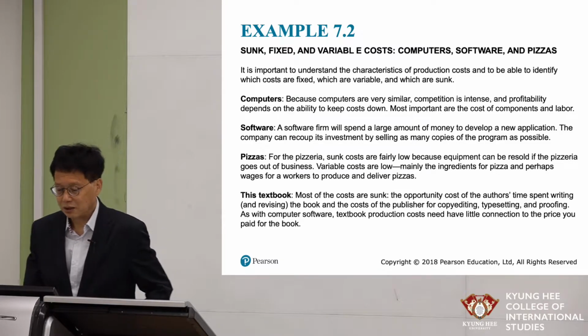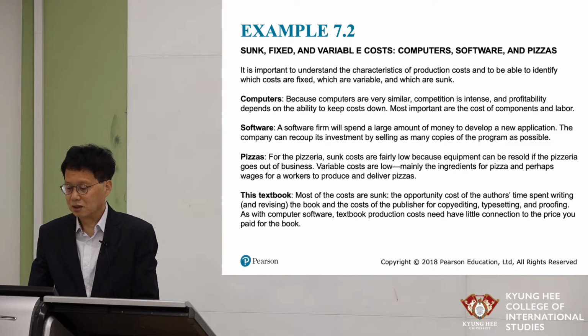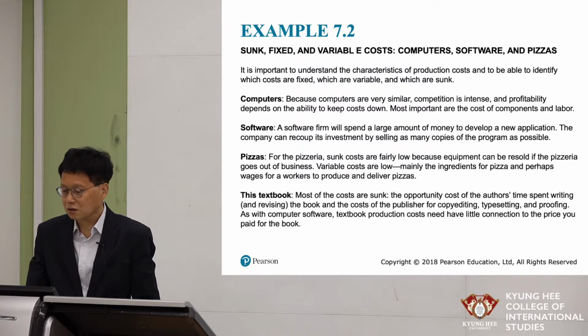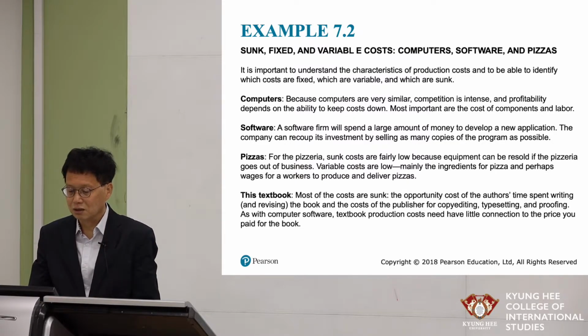Slide 10, examples of sunk, fixed, and variable costs: computers, software, and pizza. It is important to understand the characteristics of a production cost and to be able to identify which costs are fixed, which are variable, and which are sunk. Think about the computer industry. Because computers are very similar, competition is intense, and profitability depends on the ability to keep costs down.